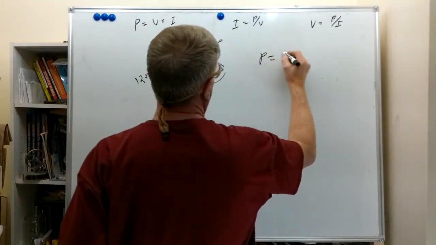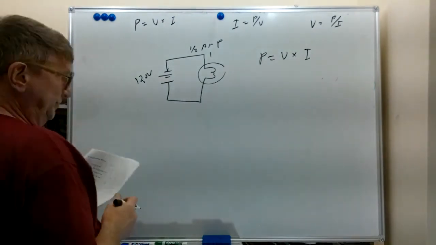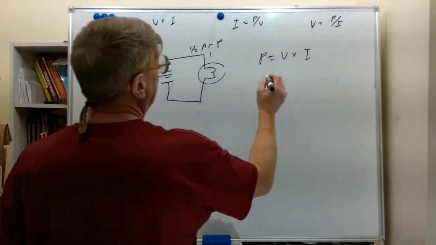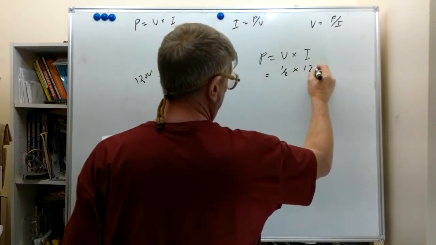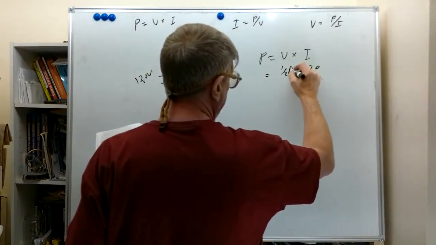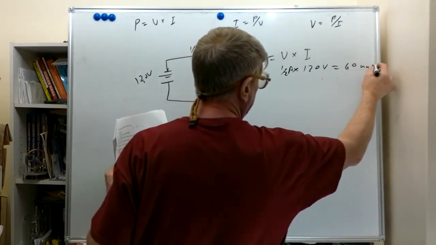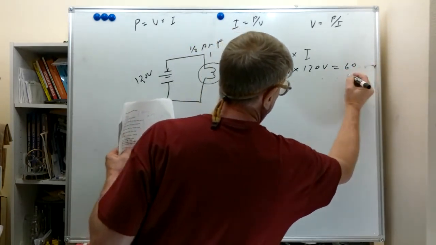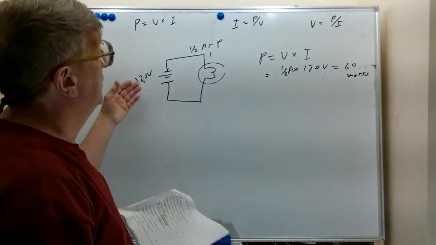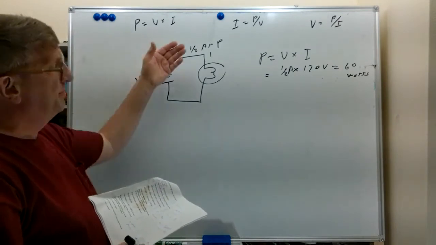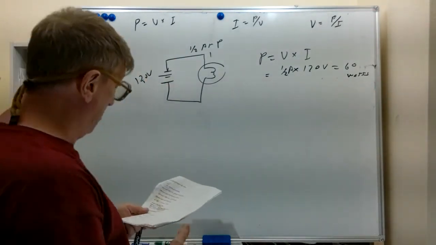Power equals voltage times current. So this equals 1/2 amp times 120 volts equals 60 watts. So if we had a 120 volt supply, 120 volt light bulb, and was drawing a 1/2 amp current, we would know that that is a 60 watt light bulb.